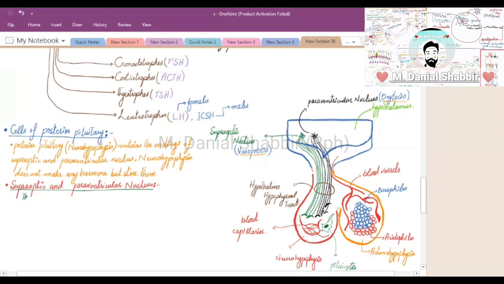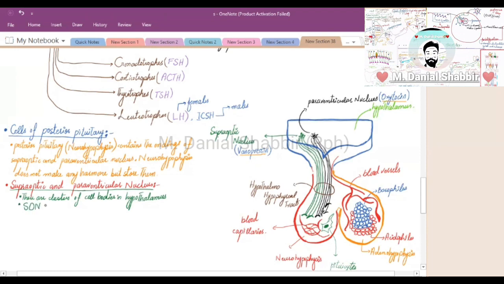These are clusters of cell bodies in the hypothalamus, and they are going to form two hormones, vasopressin and oxytocin.